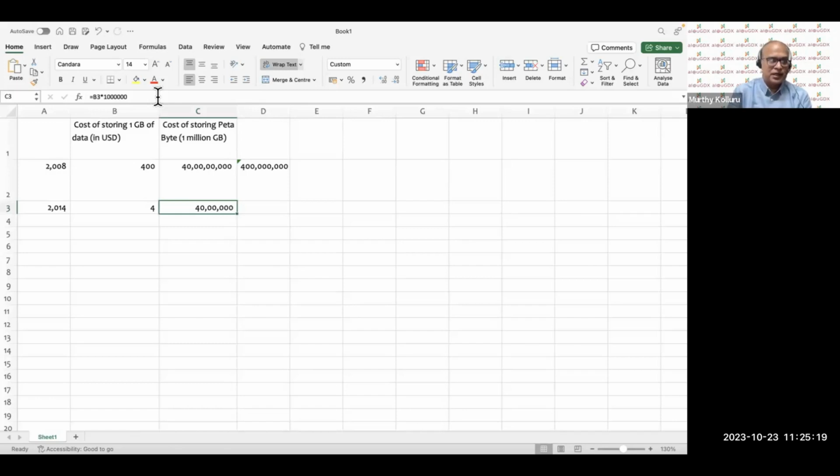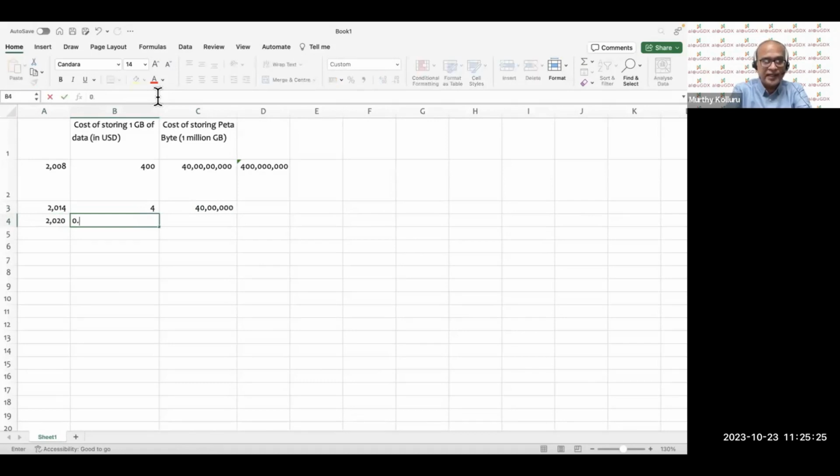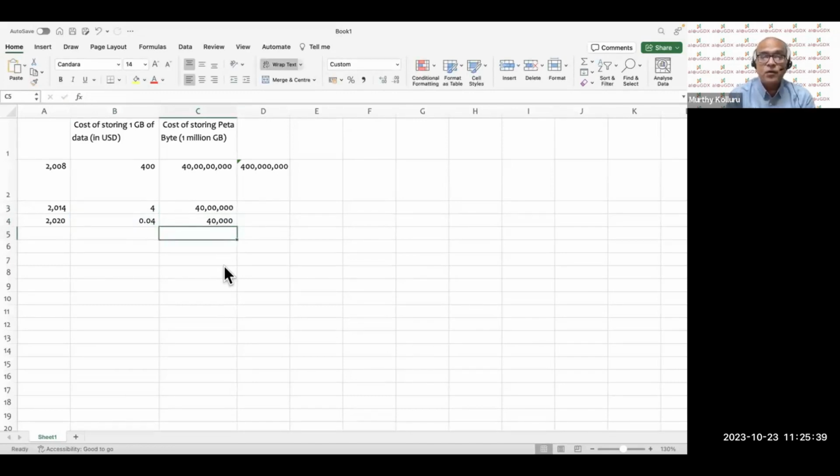Okay. Now, by 2020, the cost of storing a gigabyte came down to 0.044 cents. Now that made all the difference. In 2020, storing a petabyte of data has come down to $40,000 a year.